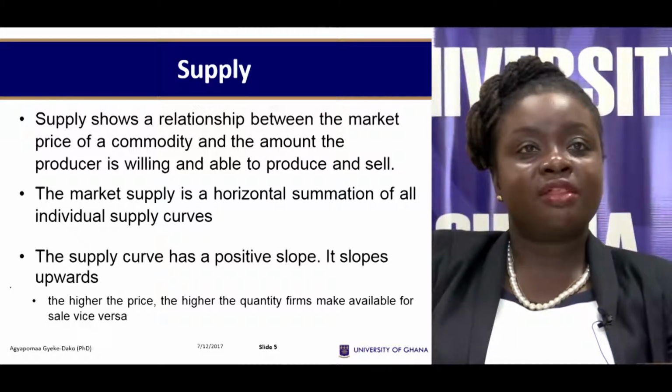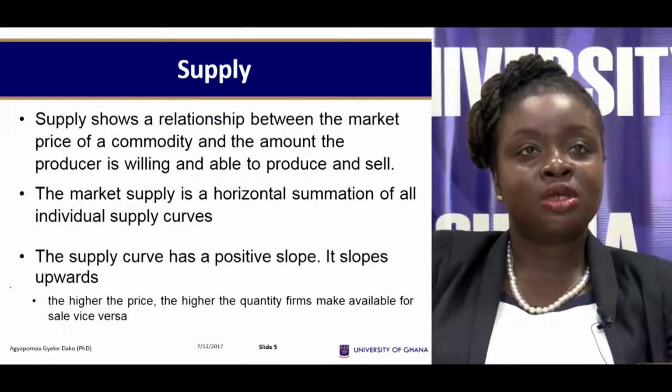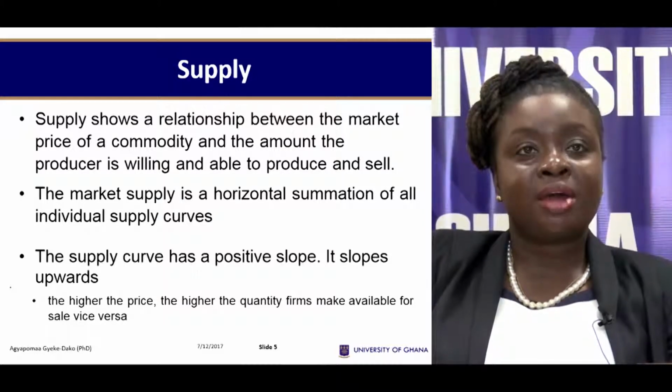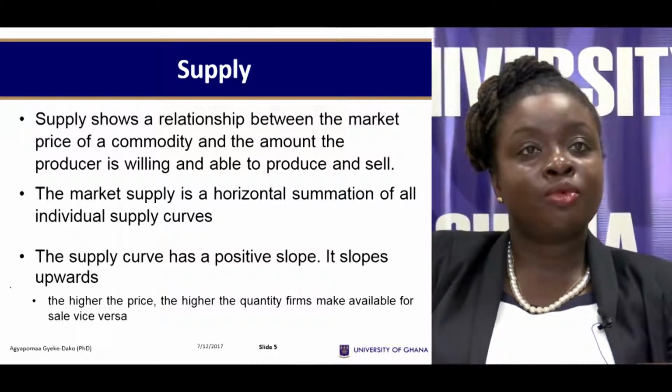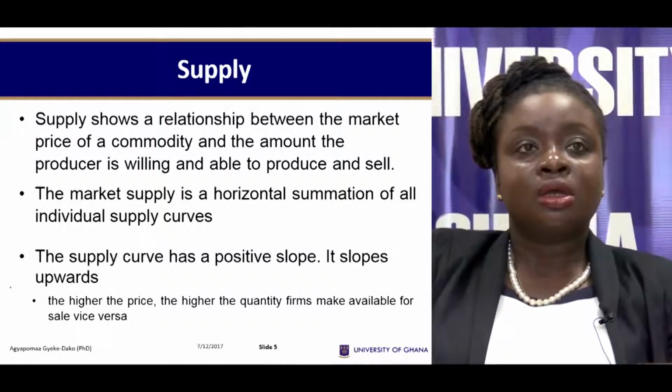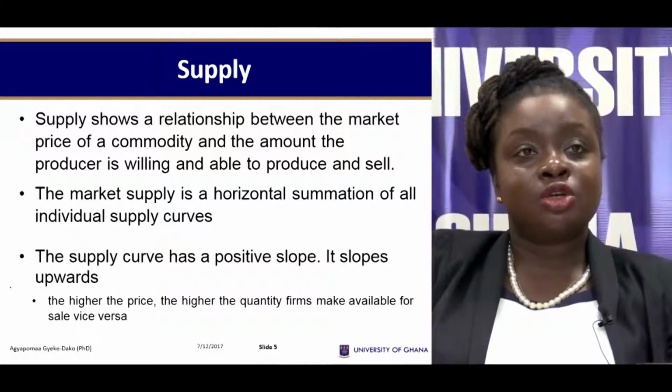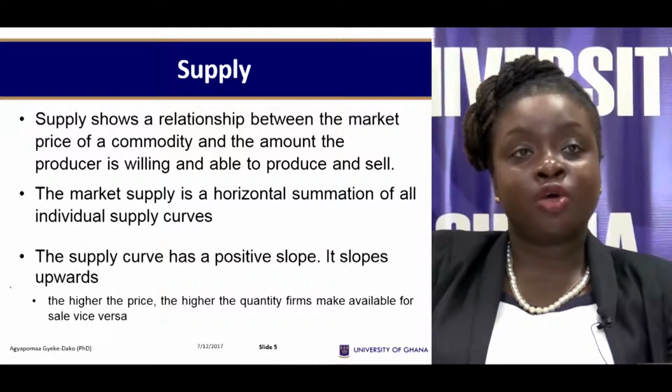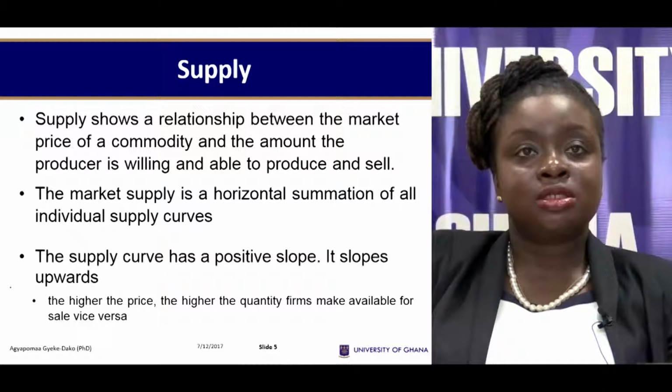We are going to be looking at the market supply because in the real world, we obviously would have several producers producing, apart from monopoly markets where we only have one firm operating. So the market supply would be a horizontal summation of all individual suppliers. This is what we are actually going to be interested in.